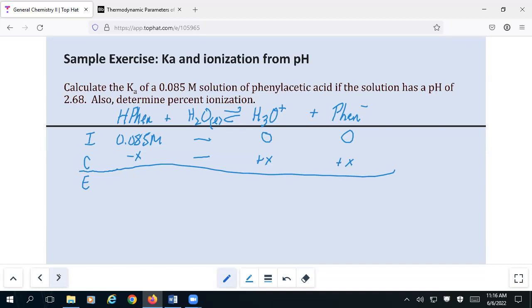So at equilibrium, I'm going to have 0.085 minus X for phenylacetic acid. Still don't care about water. Hydronium is going to be X. Phenylacetate is going to be X also.